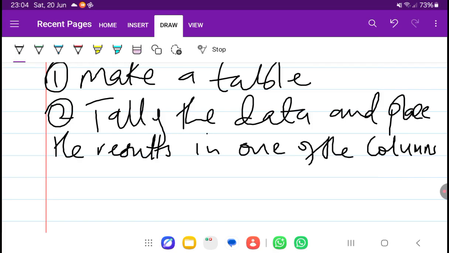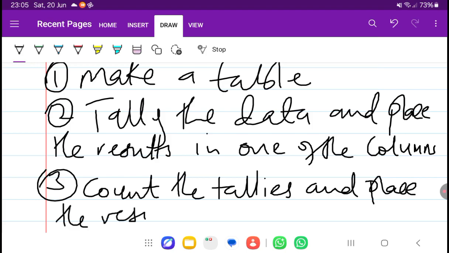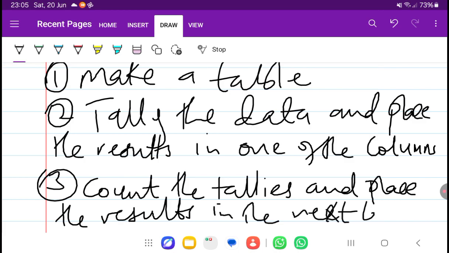Then when you are done with that step of tallying, the third step is for us to count. We count the tallies and we place the results in the next column.